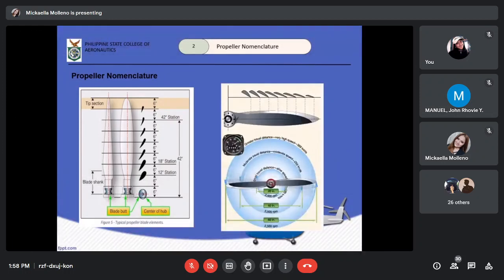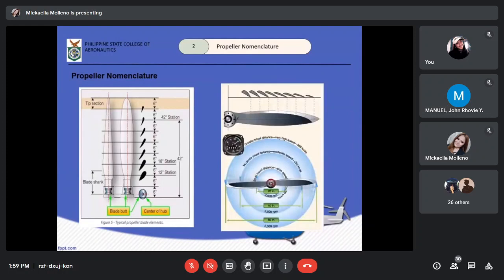Kasi nga, in the first place, hindi naman same ng distance lahat ng stations from the hub. So, each station, magkaiba ng speed na tinatravel. Yung gradual decrease ng ating blade angle, starting from the hub, going to the tip, is called pitch distribution, also known as twist. So, take note of that. Pitch distribution, also known as twist.